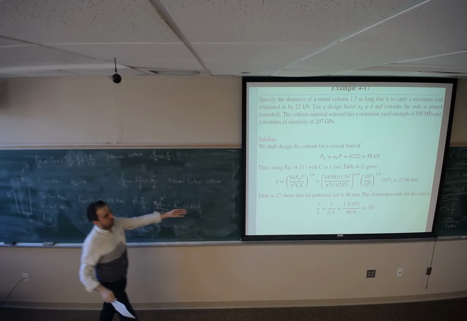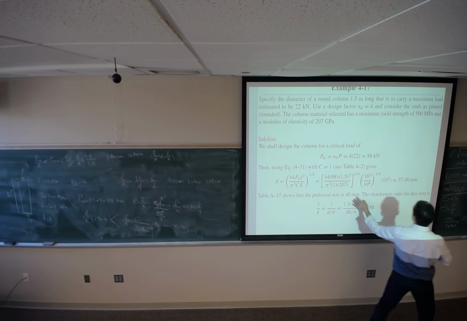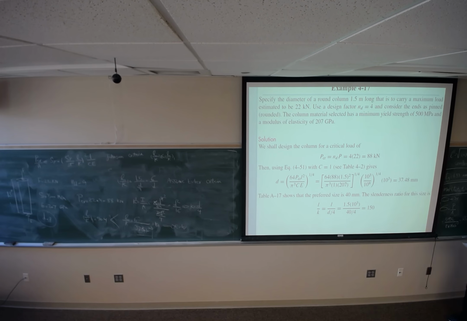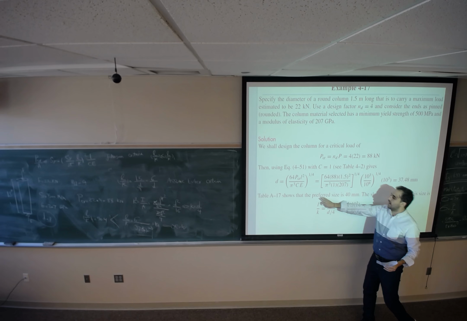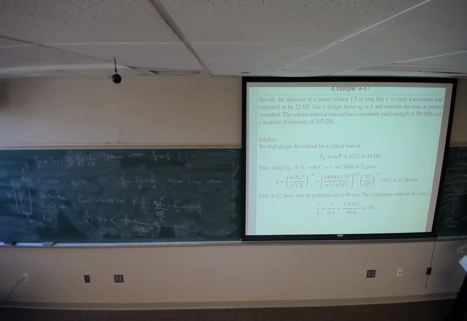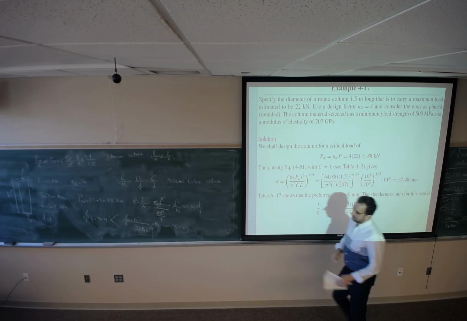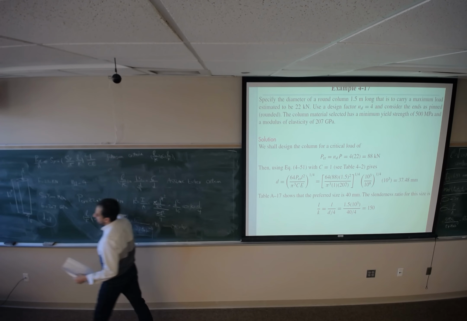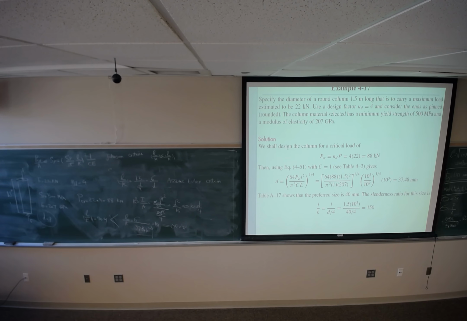The next part is saying that we should use the preferred size. The closest preferred number to 37 is 40 millimeters. So the column should have a diameter of 40 millimeters to support 88 kilonewton force.